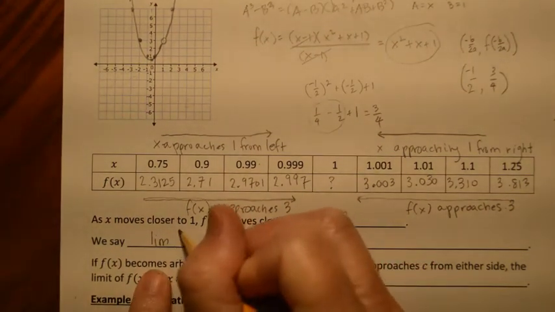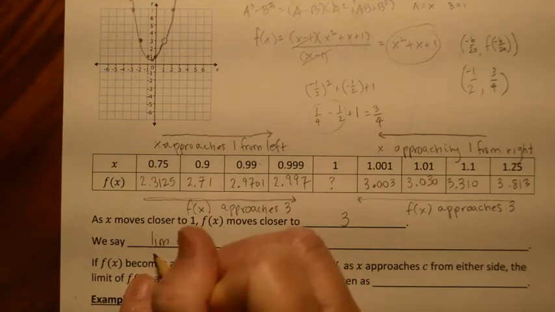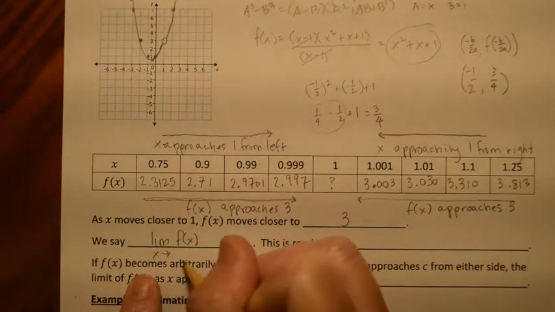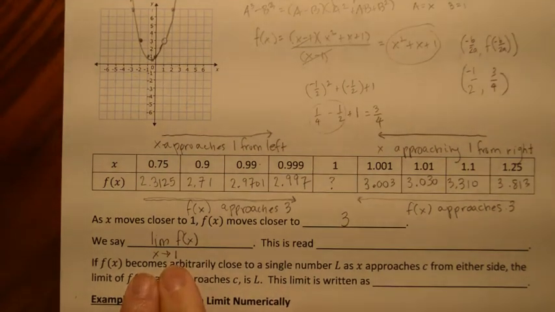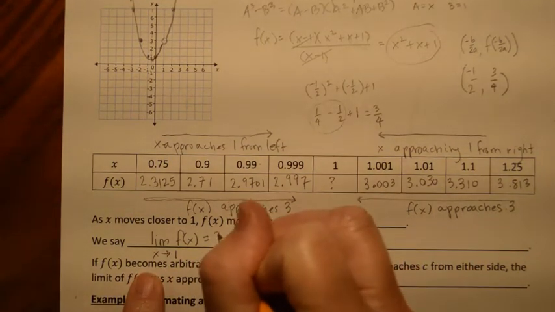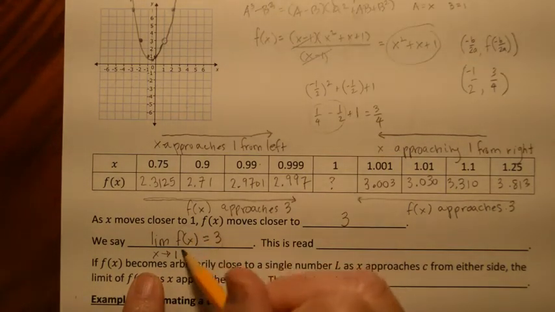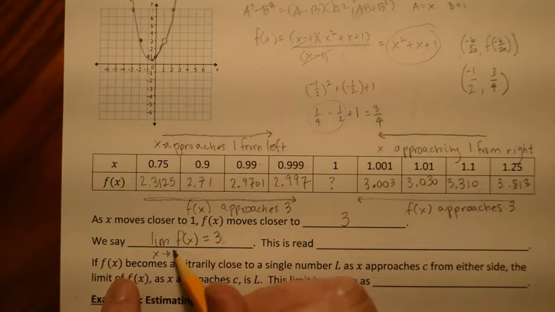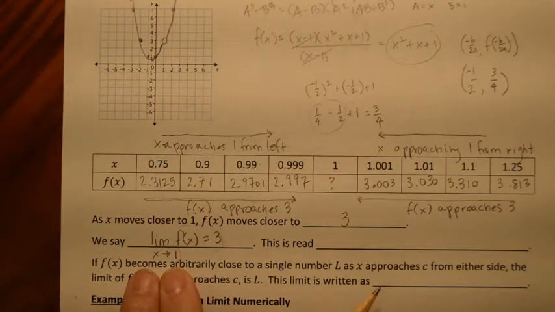The limit of the function f of x as x is moving towards 1. So the limit of the function as x is moving towards 1 is 3. This part right here is telling us what the value of the function is, and this is telling us what x is doing in order to get us there.